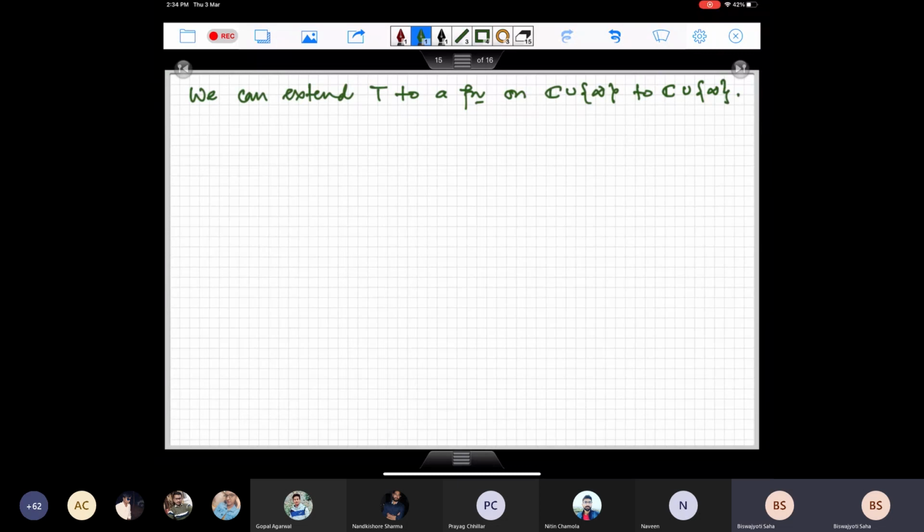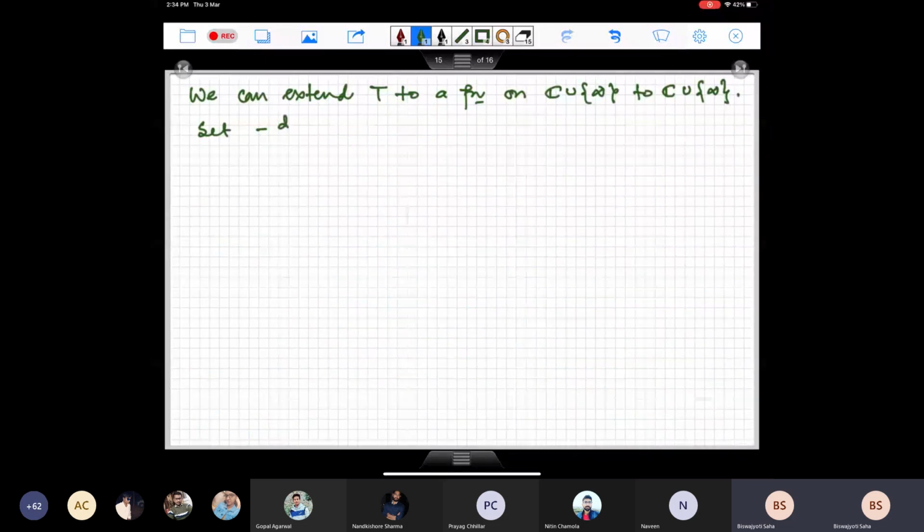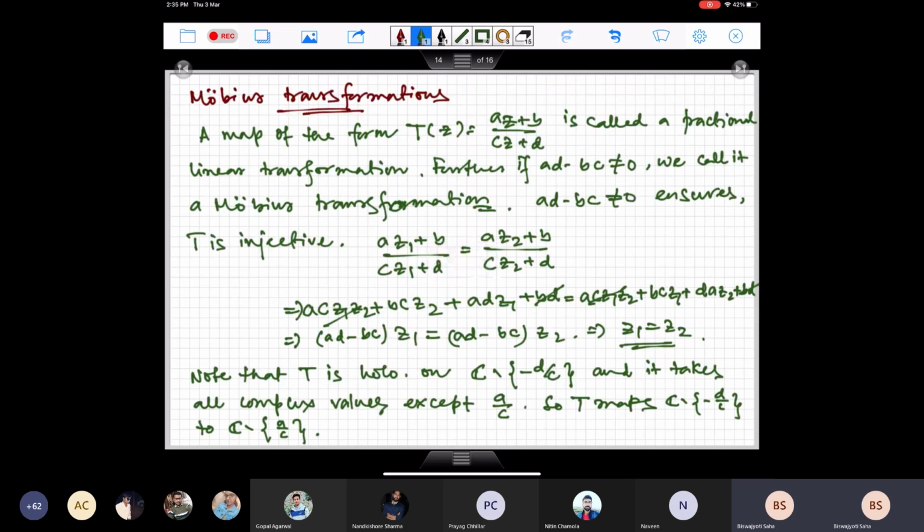Yeah, so how do I do that? So I need to first of all send minus d by c somewhere. I send this to infinity, and I also need to send infinity to somewhere, so infinity is going to go to A by C. Okay, so that's kind of obvious because you see here I have the ratio of AZ plus B divided by CZ plus D, and for example in place of Z, if you replace, let's say, natural number n, so an plus b divided by cn plus d, as n tends to infinity, its limit is going to be A by C, right?